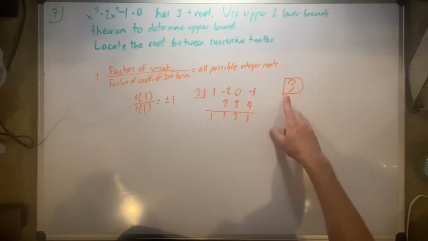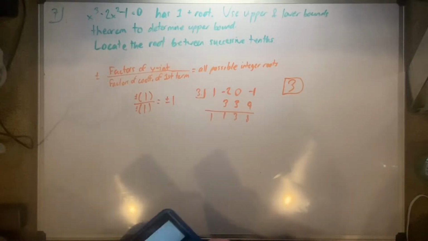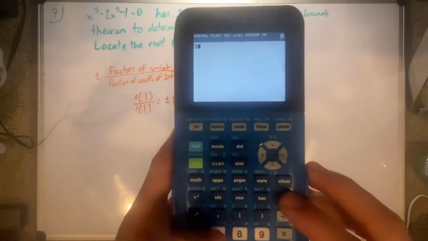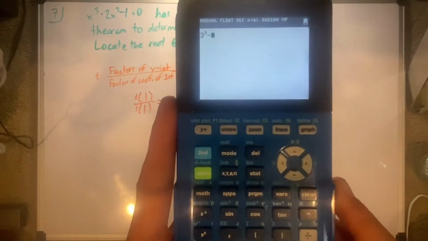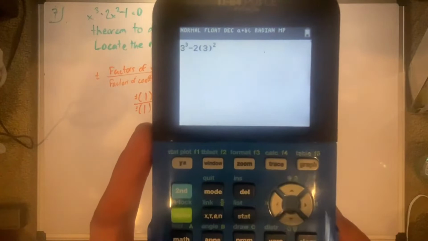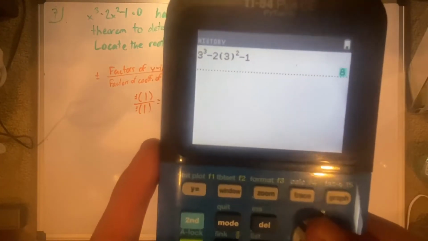We know that 3 is our upper boundary, so let's start at 3 and work our way downwards. Let's plug it into our calculator. We'll start with 3 cubed minus 2 times 3 squared minus 1, which is equal to 8. That is a positive number.